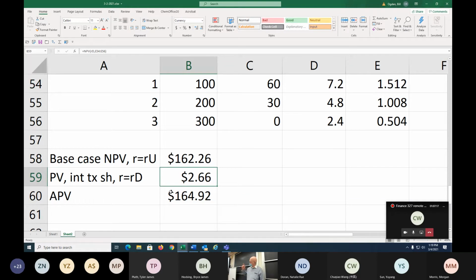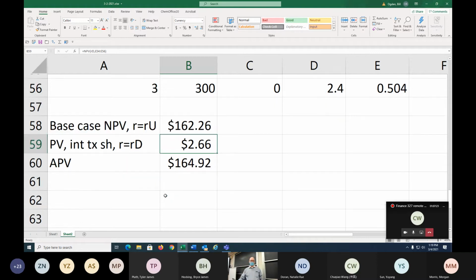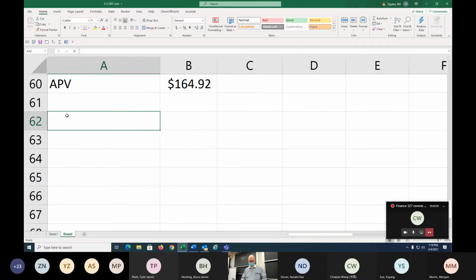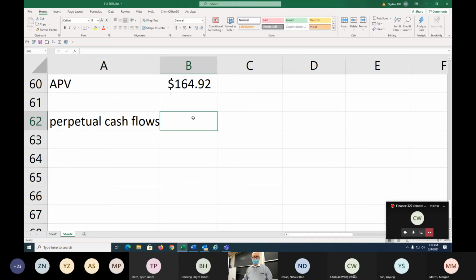All right, let's see if you can make an adjustment based on what we did, just not this time, but just before this. Okay, we're going to do perpetual cash flows. And that would be here, and we'll say they're $45 again.